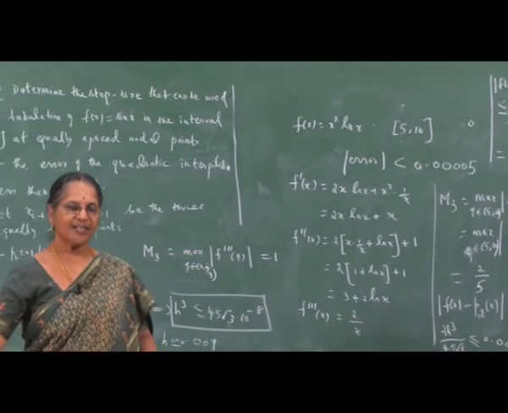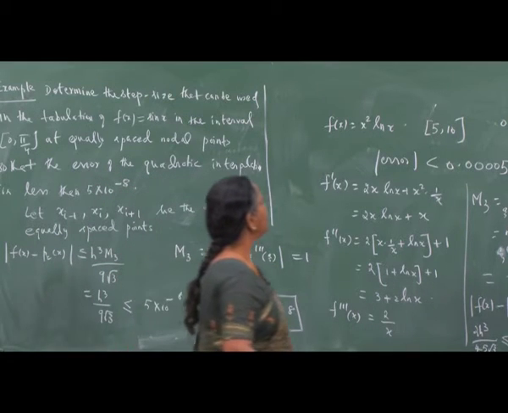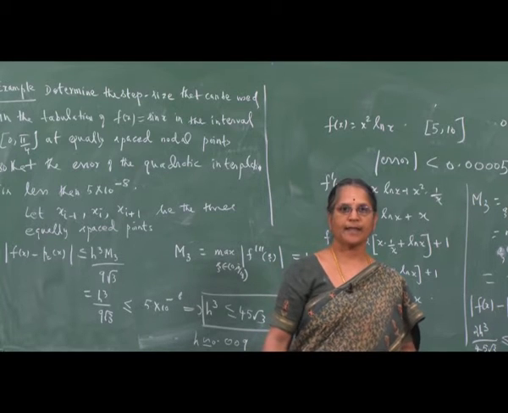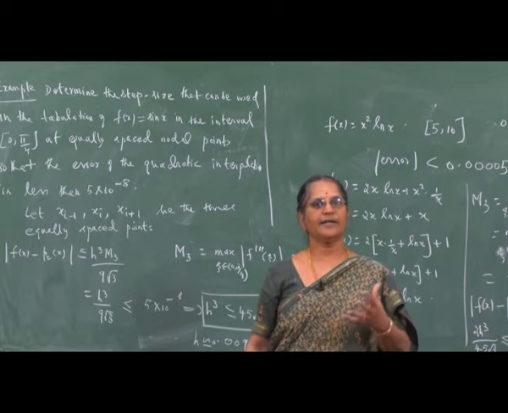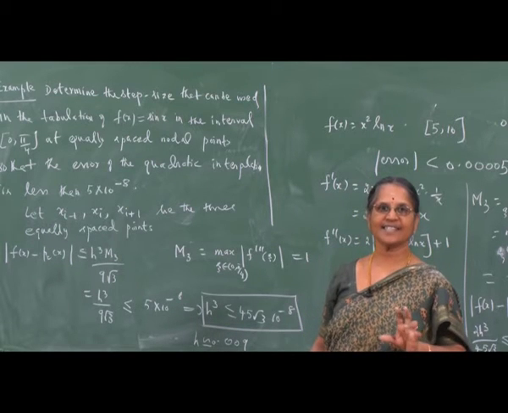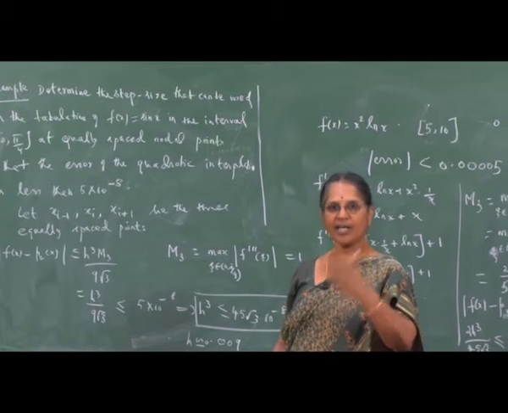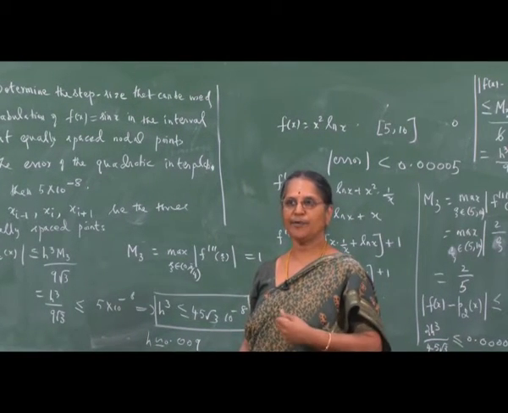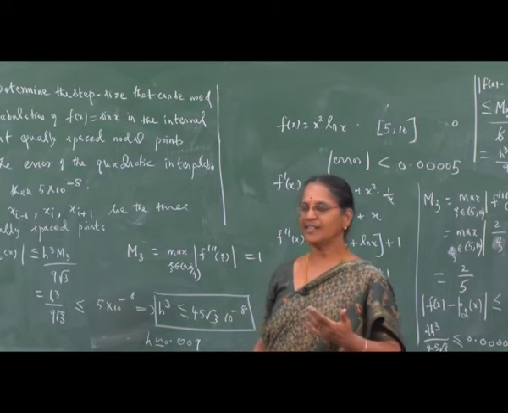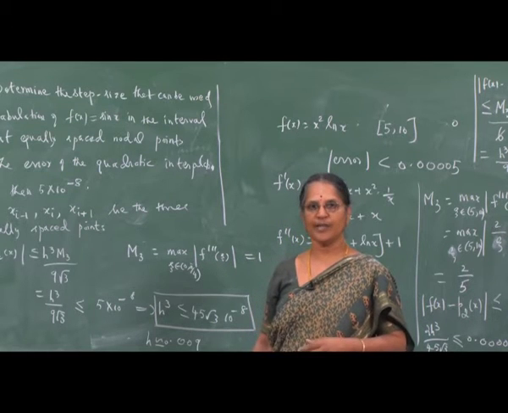So, summarizing what we have done in this class, we obtained the error in interpolation and then obtained the error bounds for the cases when we approximate f of x by a constant polynomial, a linear polynomial or a quadratic polynomial, for the cases when the interpolation points are equally spaced.